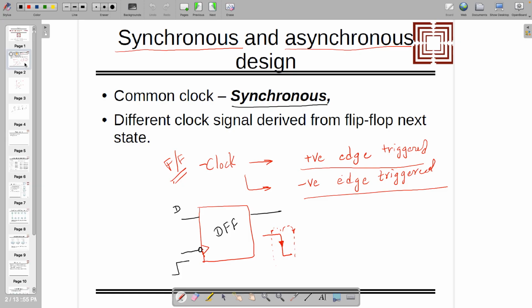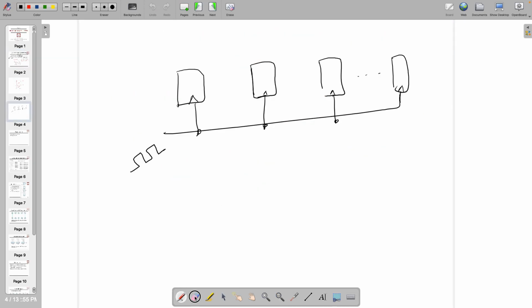Okay, so there is no problem with flip-flops. But in the case of asynchronous, which is the second case written over here, different clock signals are derived from flip-flops or maybe combinational logic, and then given to different flip-flops separately, like this. They are not tied together.